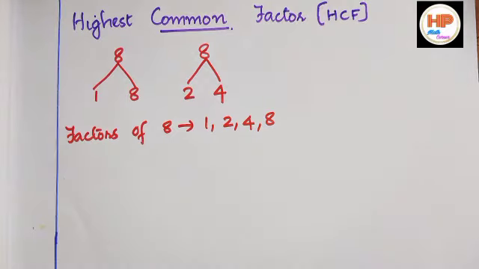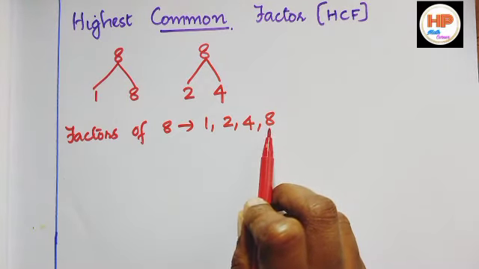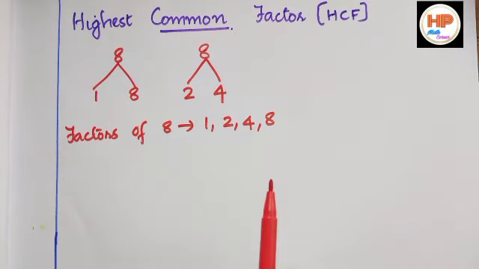Then here 8 is the largest number, right? So when we consider the factors of a number, the highest number will be that number itself. Okay, so here 8 is the highest one.